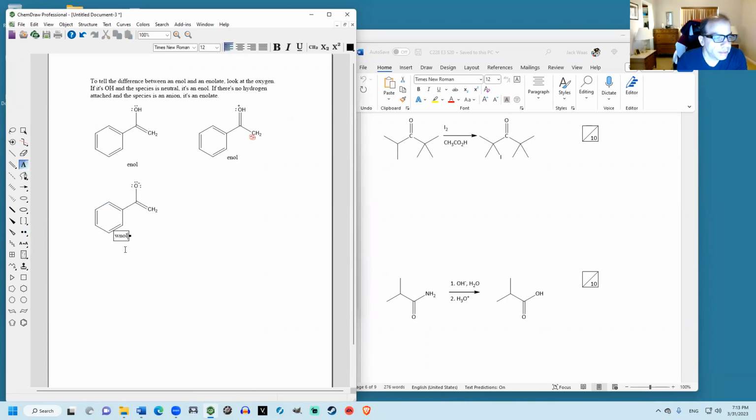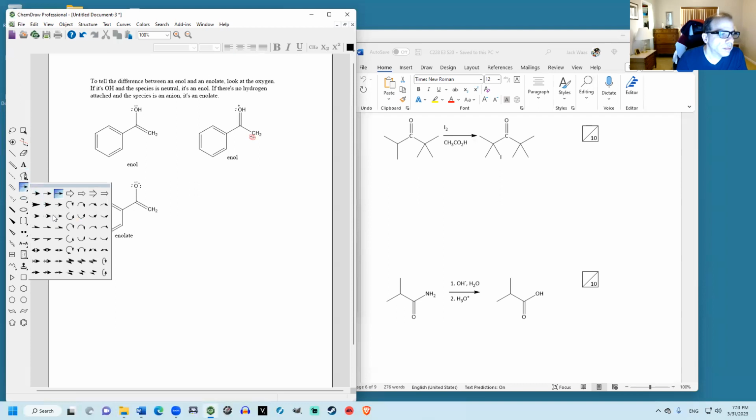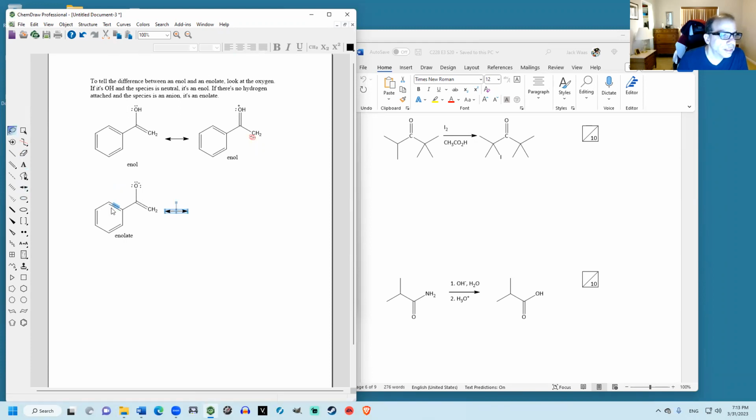Enolate. And by the way, those are resonance contributors. The other resonance contributor of the enolate follows the same rule.